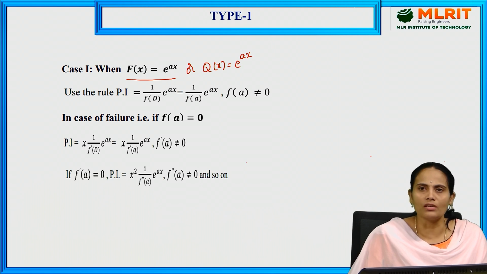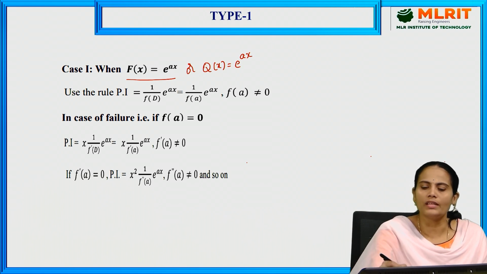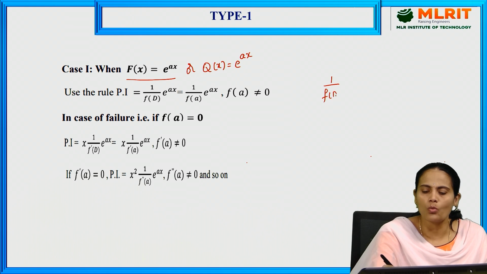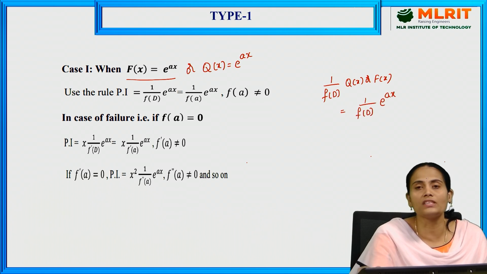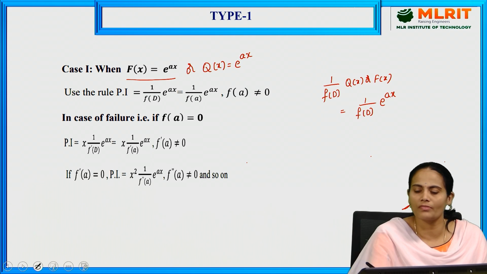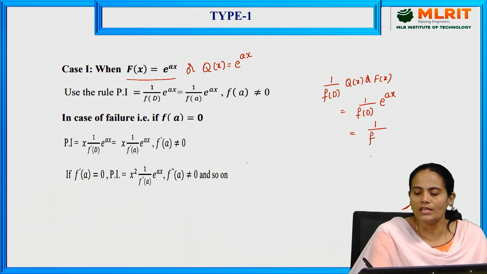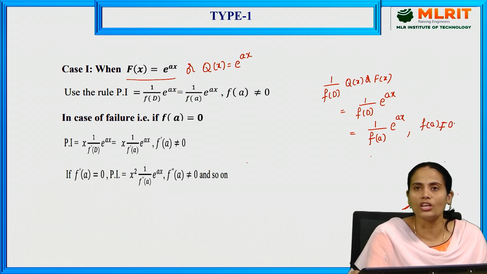When the function is e power ax, to find yp, that is 1 by f of D into e power ax, you just substitute D by a in the denominator, that is 1 by f of a into e power ax, where f of a is not equal to 0.